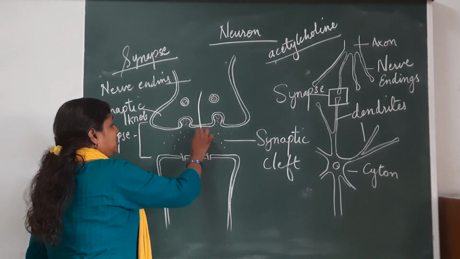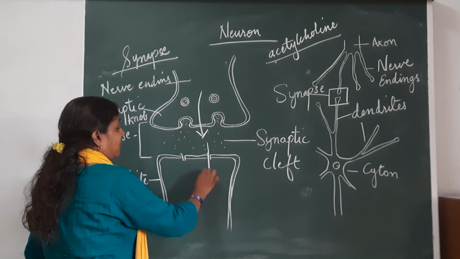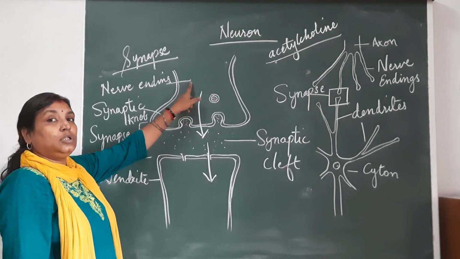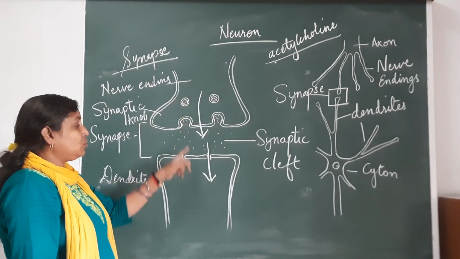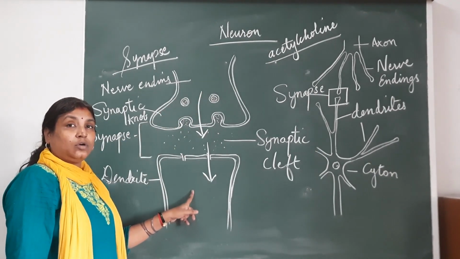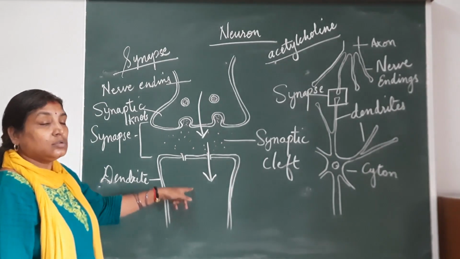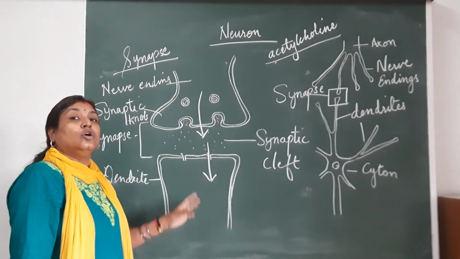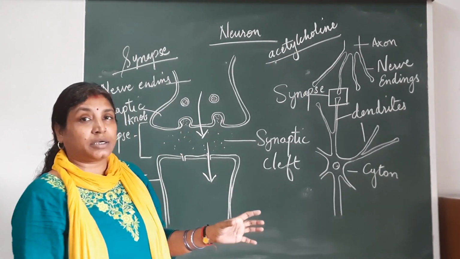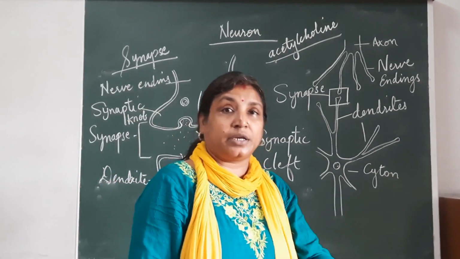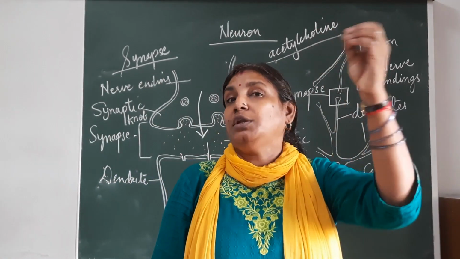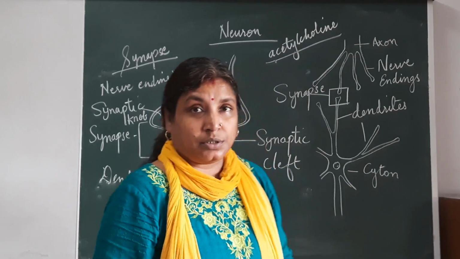So the direction is in this manner, from the nerve ending to the dendrite of the other neuron. So this is how the message is conducted in the form of electrical impulse from one neuron to another.